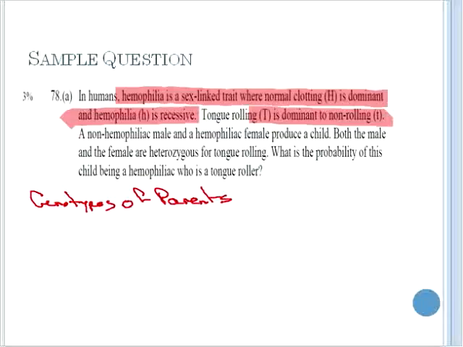The genotypes of the parents are as follows. For the male, he is non-hemophiliac, therefore normal. Because hemophilia is only carried on the X, his genotype is X big H, Y.